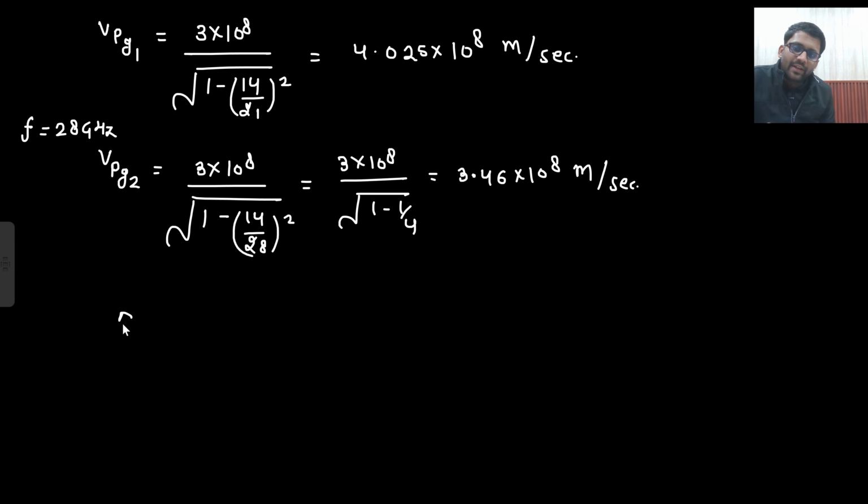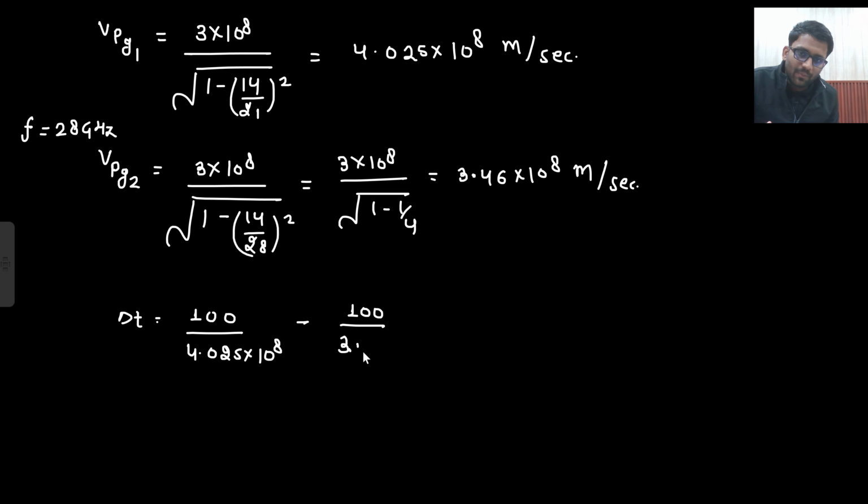So now what will be the time delay? That would be 100 divided by 4.025 into 10 to the power 8 minus 1 by 100 by 3.46 divided by 10 to the power 8. So what are you going to get?